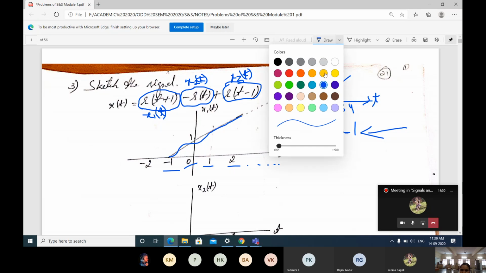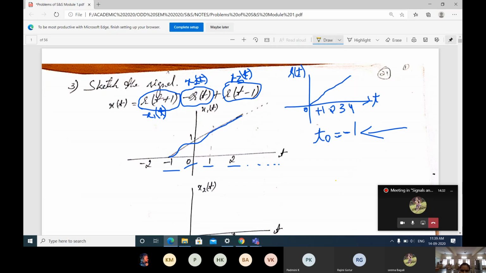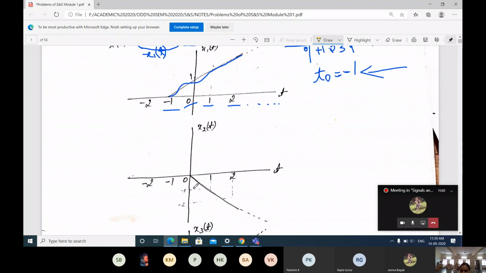Next, we go with minus r of t. What is the negative of r of t? It shifts towards negative values. Instead of 1, 2, 3, it goes to minus 1, minus 2, minus 3. Observe here, the magnitudes 1, 2, 3 are taken as negative: at first position minus 1, at second position minus 2.